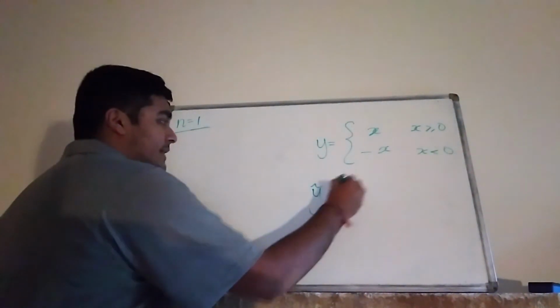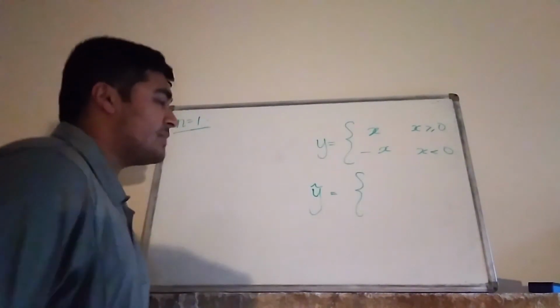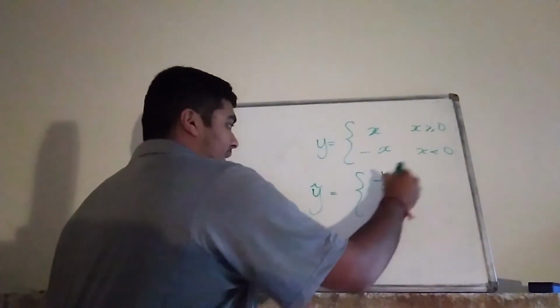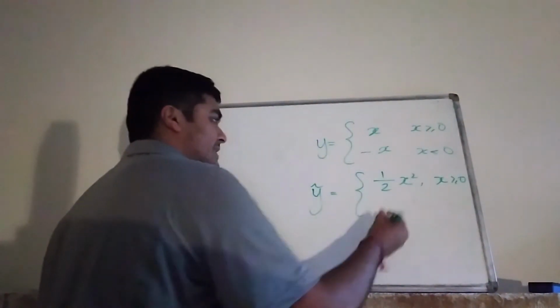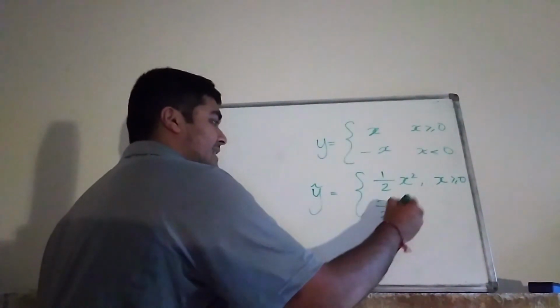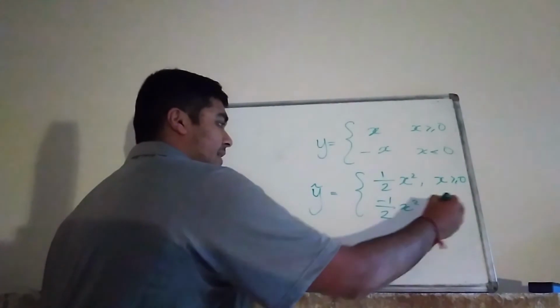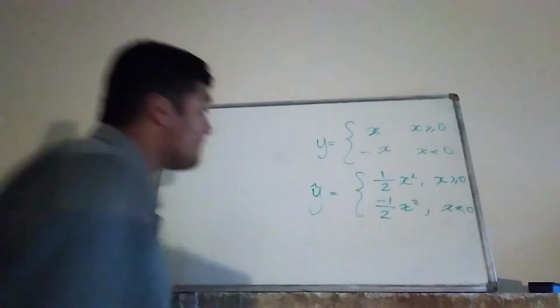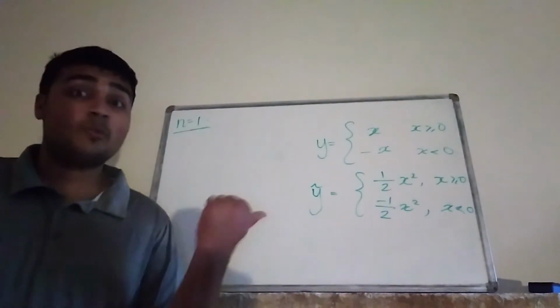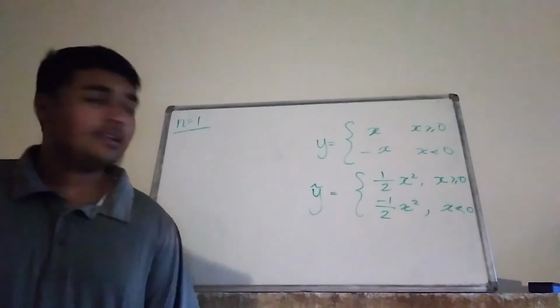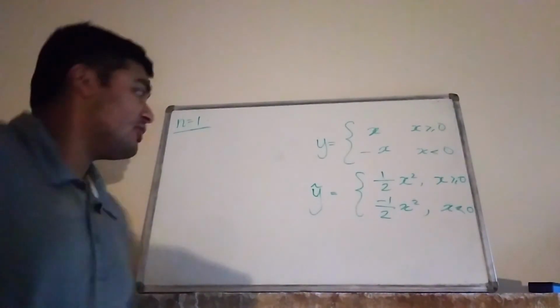We'll call it y tilde. So when we integrate x, we get half x squared, and we're going to ignore the constant term. So that's for x greater than or equal to 0, and then when we integrate minus x, we get minus a half x squared, and that's for x less than 0. Now let's check that y tilde is differentiable once, but not differentiable twice. Okay, so firstly, let's quickly draw a sketch of y tilde.